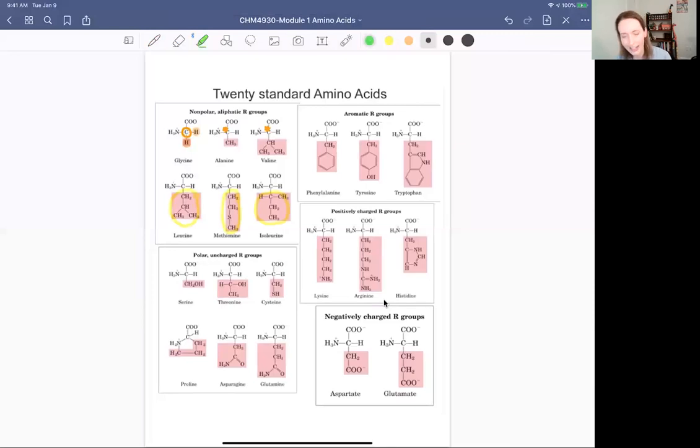So the handout outlines some of the classifications that we can think about. One of those classifications is that we can think of the amino acids as being either aliphatic, and aliphatic we can also synonymously refer to as being hydrophobic.